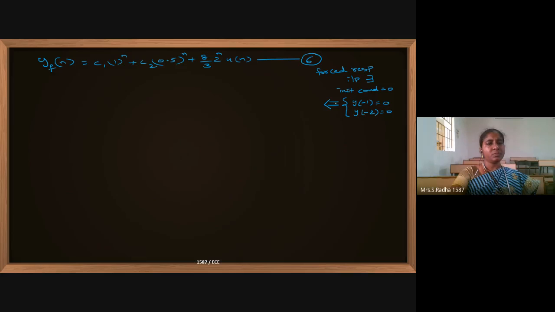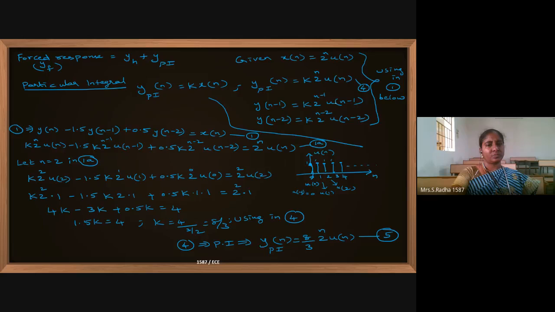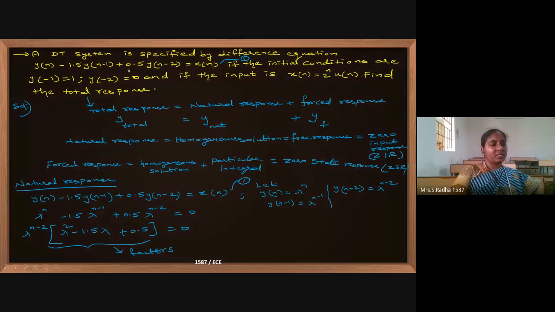Now if you see the given question, equation 1 is the given question. x of n means 2 power n u of n. I will take equation 1 to the next slide and then discuss.